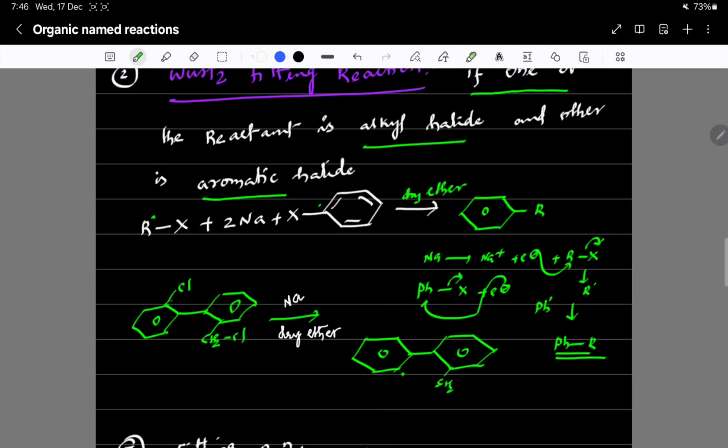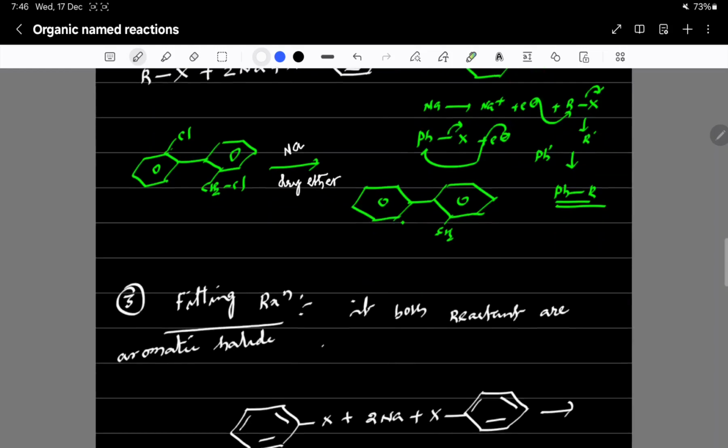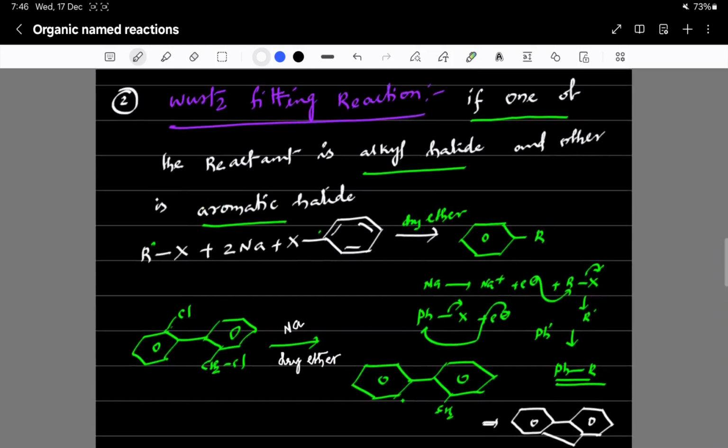Now this will combine and form a product like this. Right, so a 5-membered ring is possible. This is a Wurtz-Fittig reaction.